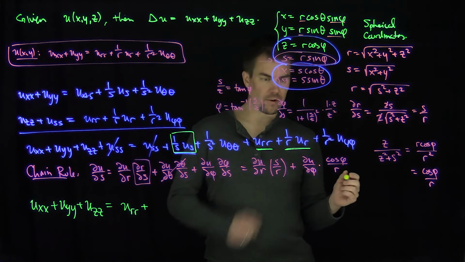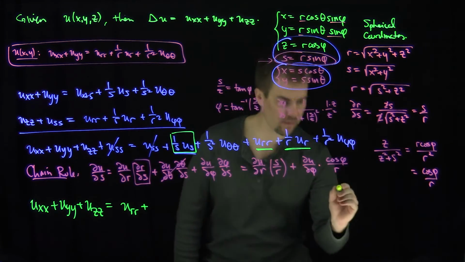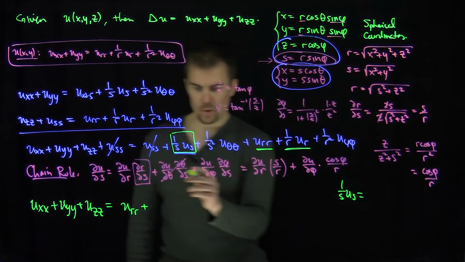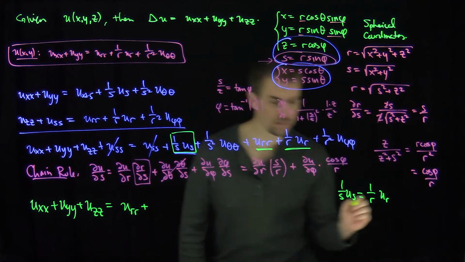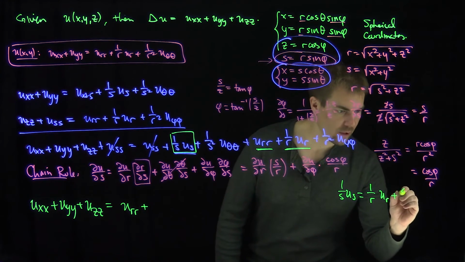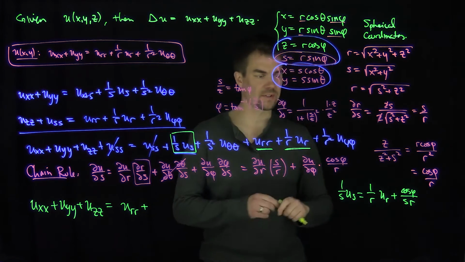So if I look at 1 over s u_s, that'll be right over here. So 1 over s, let's do it like this. So I have a 1 over s u_s is going to be what? Well, it's going to be a 1 over r ur. And then if I hit the s over here, it's going to be a plus cosine of phi over s times r. And we'll have to simplify that in a second.